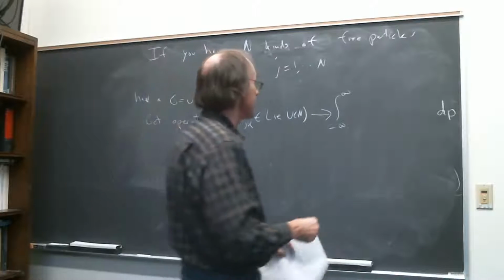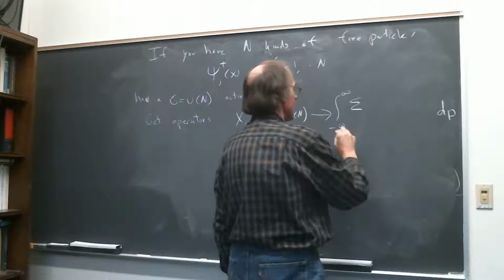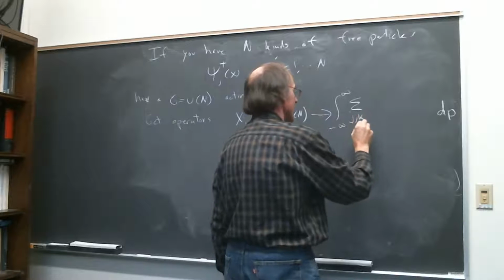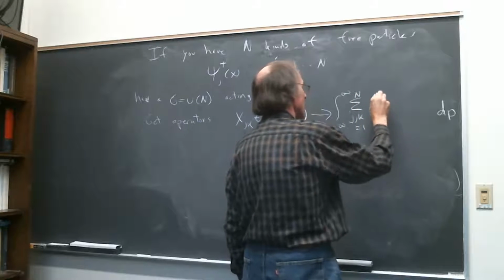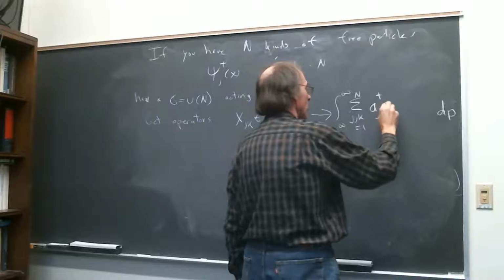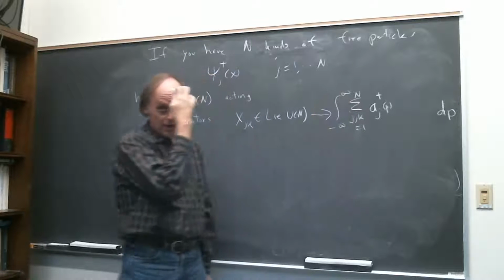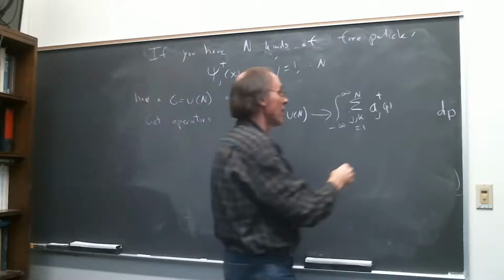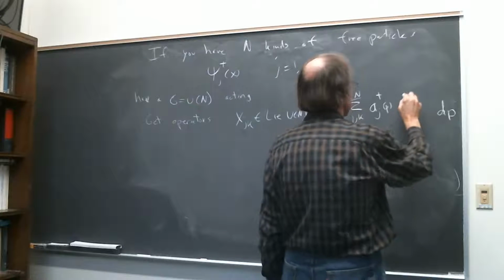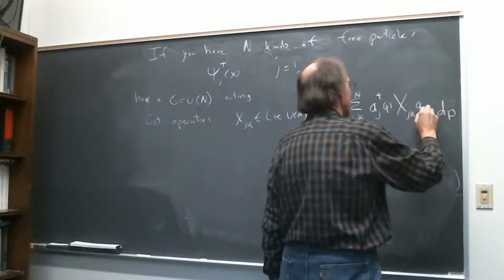But now you have creation operators which are labeled by both p and a finite index from 1 to n, depending upon the kind of particle that you're creating, and then x_jk and an a_k.